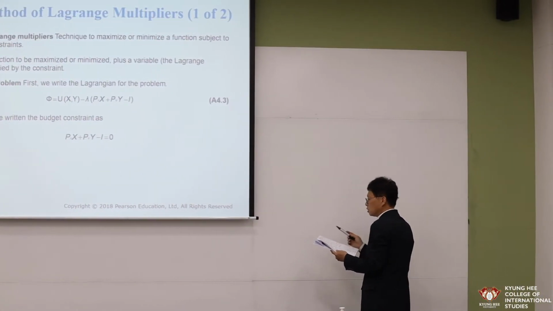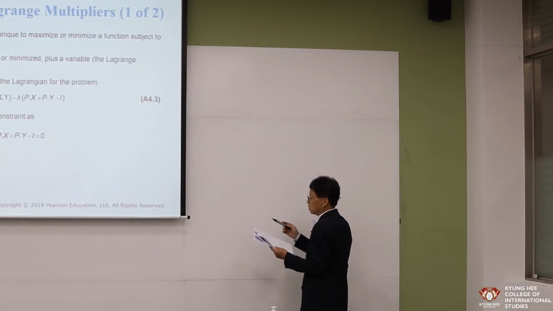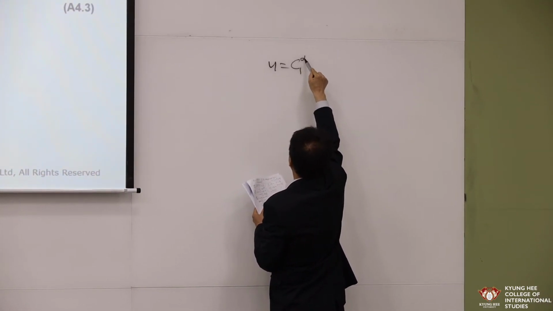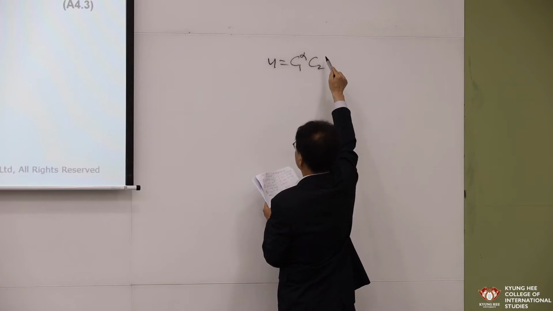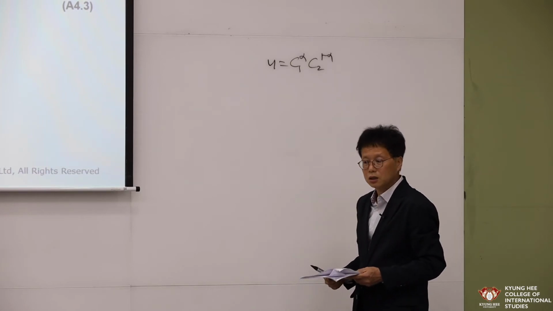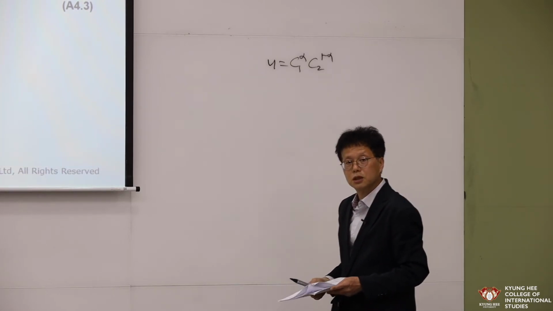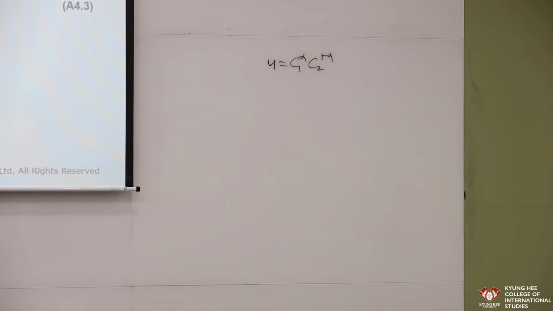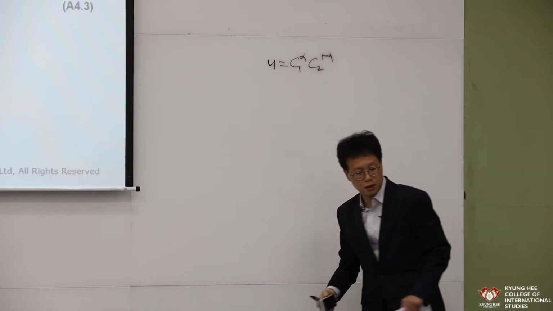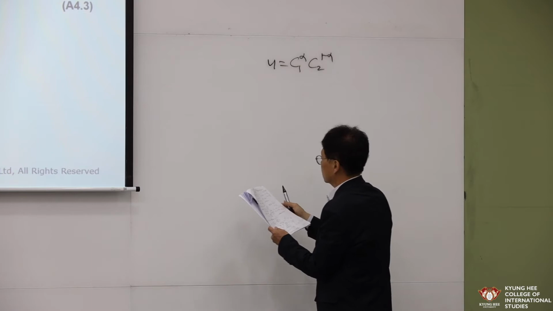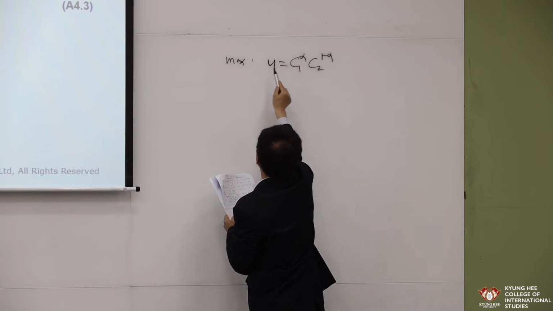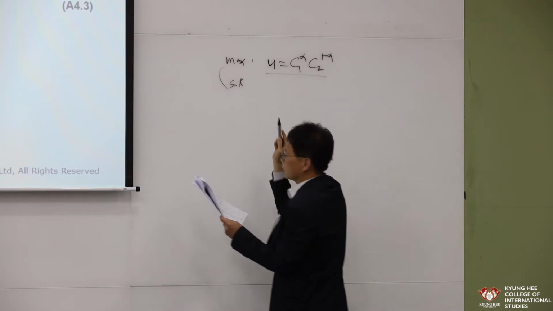So utility function. We know that the utility function is Cobb-Douglas style. There are two goods, demand for two goods, C1 to the alpha and C2 to the 1 minus alpha. So alpha plus beta, right? Or we can say that this is beta, in some cases. Anyway, like this. So the utility maximization problem is this one, subject to the budget constraint.